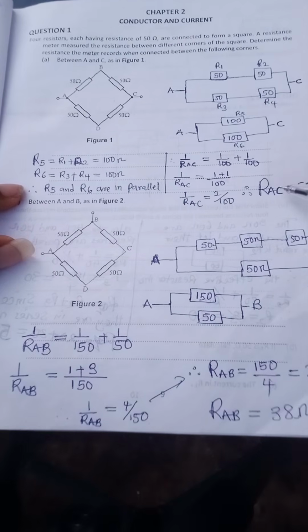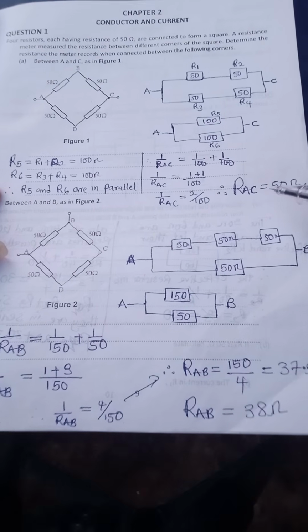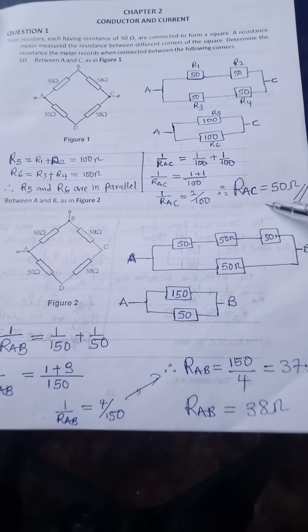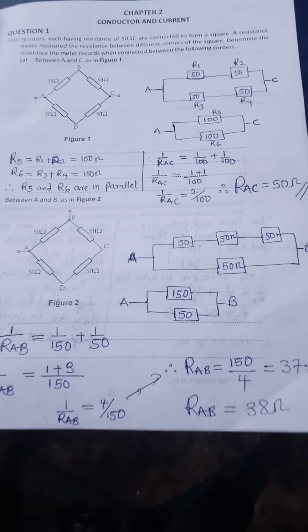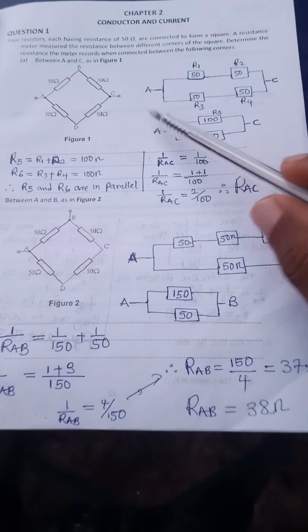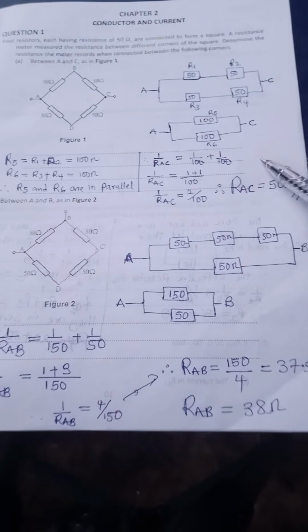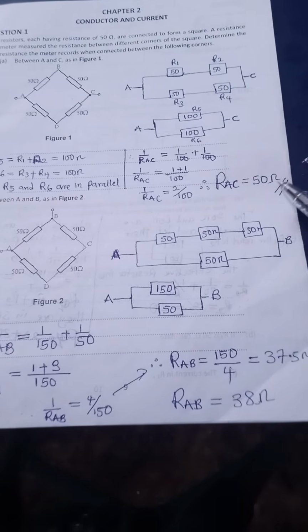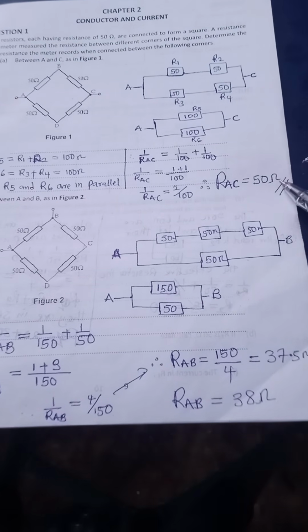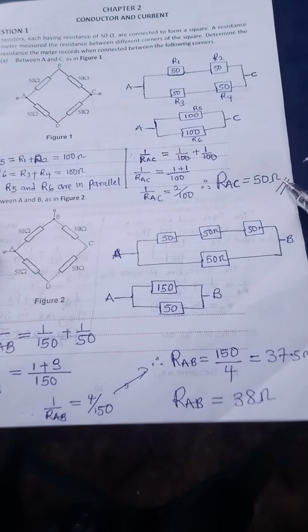And then finally, we have that the resistance RAC is equal to 50 ohms, because the question says determine the resistance the meter records when connected between the following corners. So when we connect from here to here, the effective resistance is 50 ohms. So the answer is 50 ohms. That is correct.